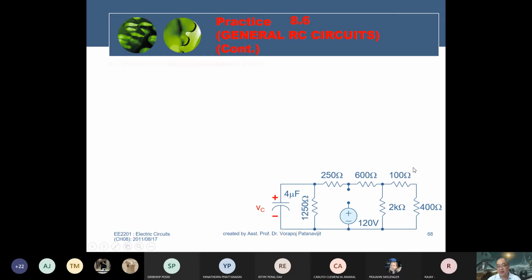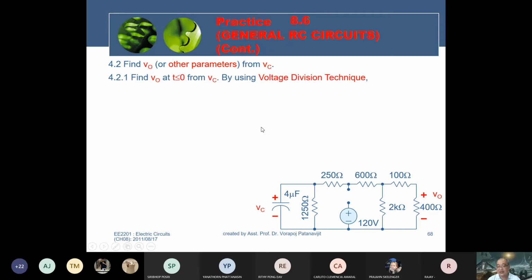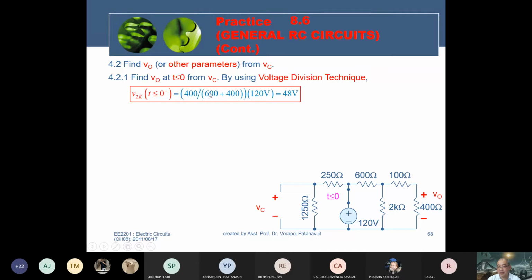From the overall point of view, VO is the voltage across the 400 ohm, which in this case is here on the most left right hand. For time less than 0, you can determine VO from the voltage source. You must use two steps of the voltage divider.